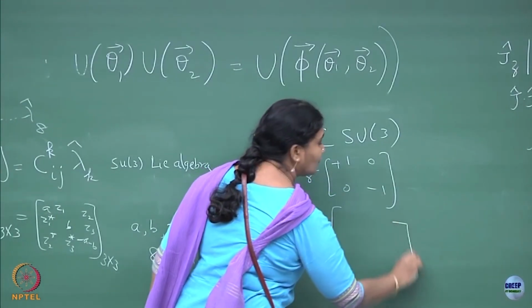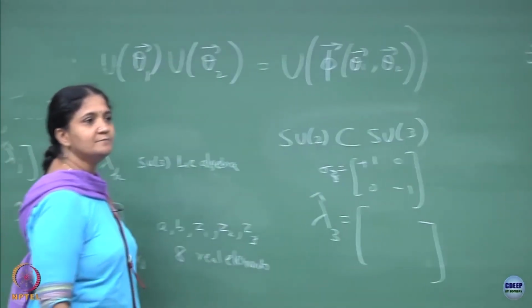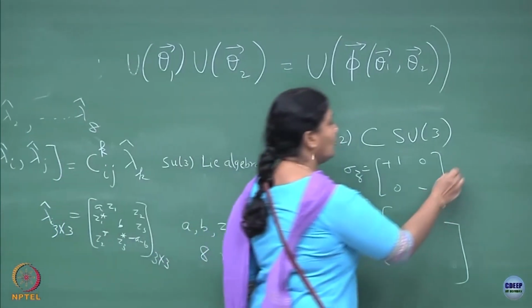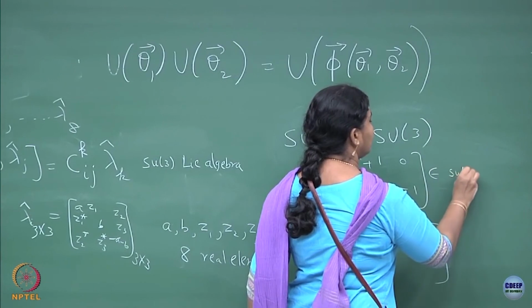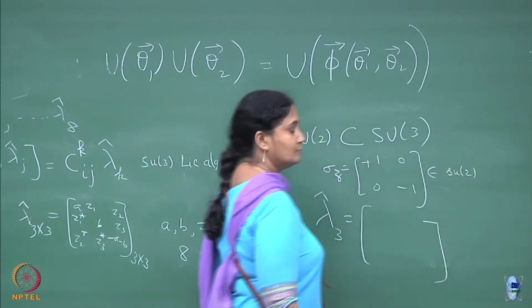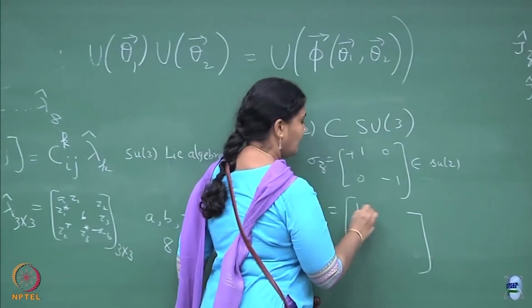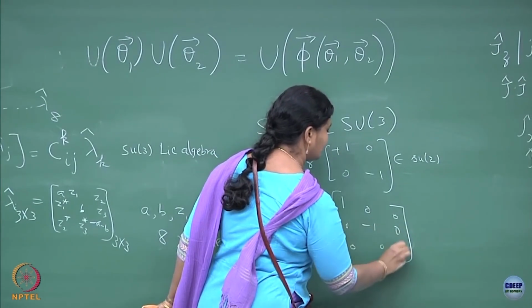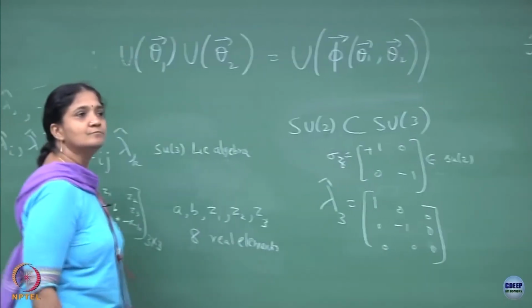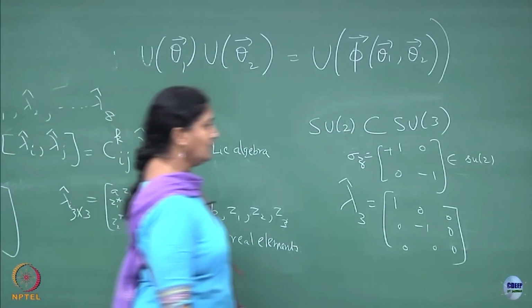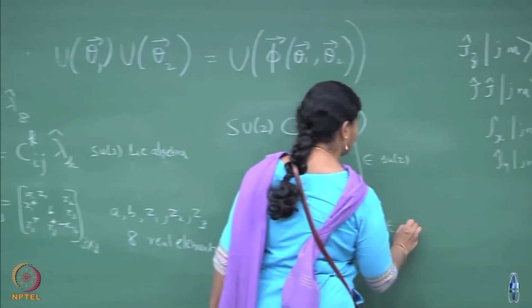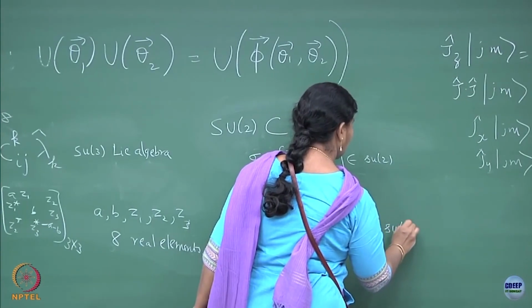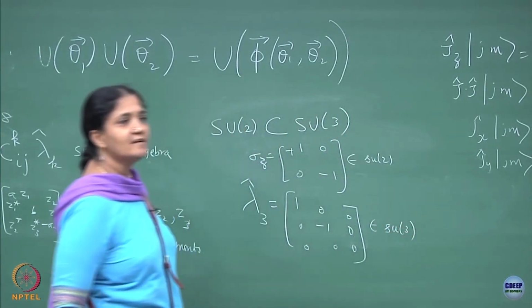It should be a 3 cross 3 matrix for SU3. This is an element of the SU2 algebra, so this 3 cross 3 will be 1. This one is an element of SU3. This is traceless and Hermitian.